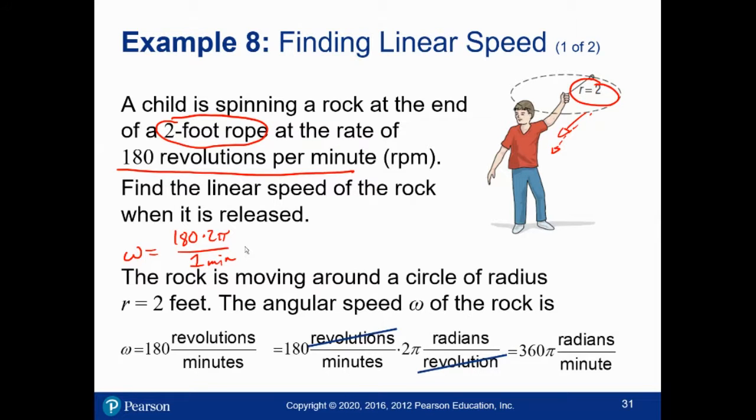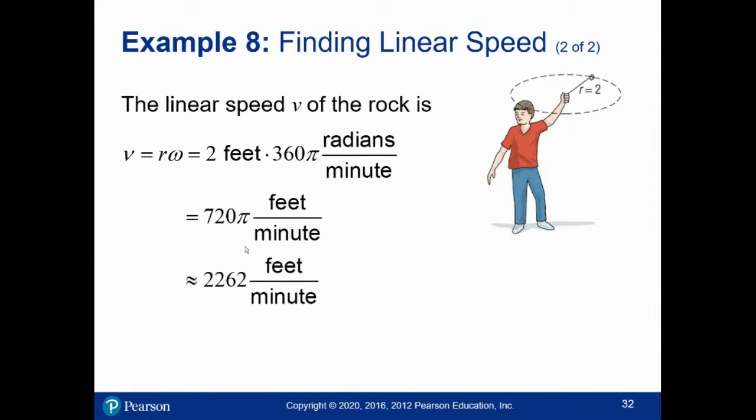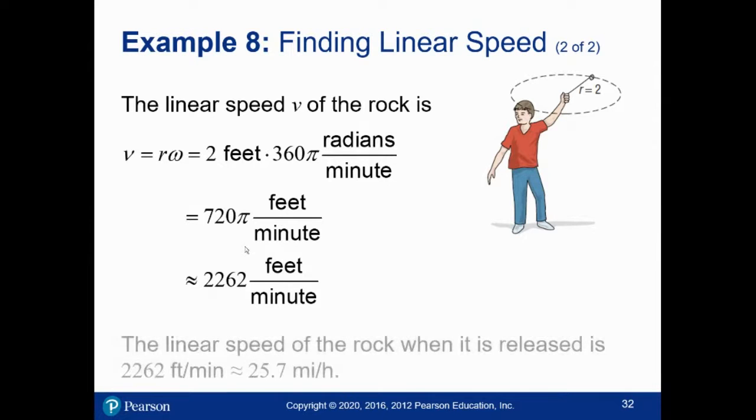But if I'm doing 360 pi radians every minute, then how many feet is that? Well, my radius is 2. So I multiply my radius by my angular speed. My radius was 2, and my angular speed was 360 pi radians per minute, which gives me 720 pi feet per minute. If you estimate it, it's about 2,200.